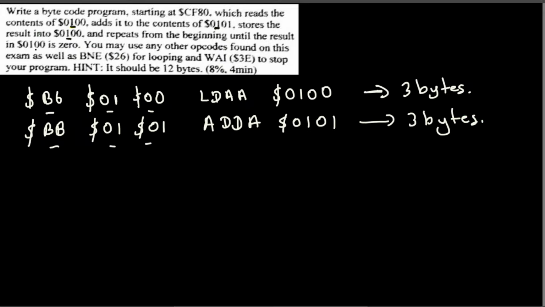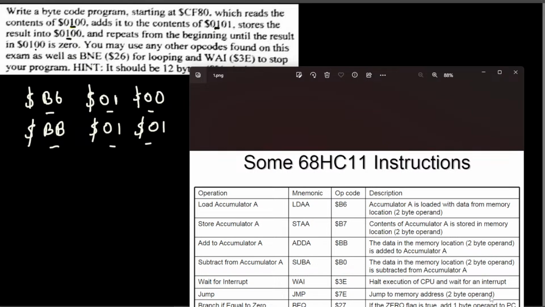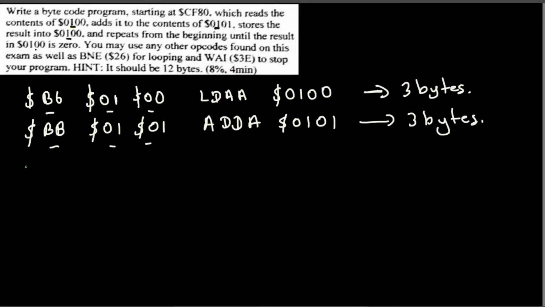And then store the result in 0100. The storing is right here, STAA, and that opcode is B7. So B7, and then we are storing 0100.